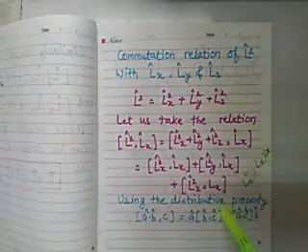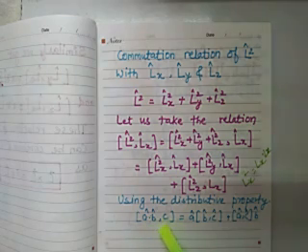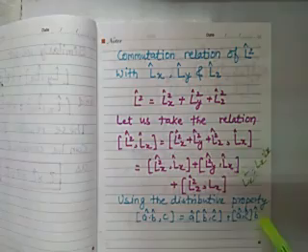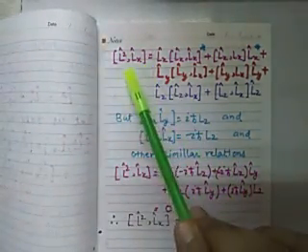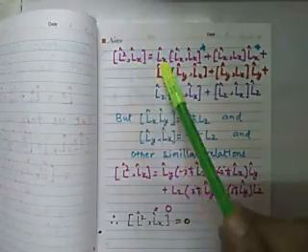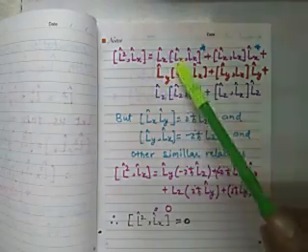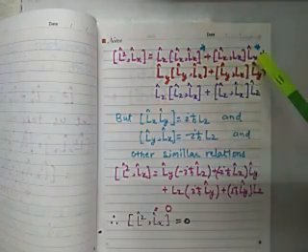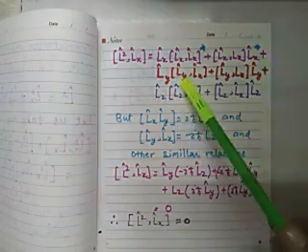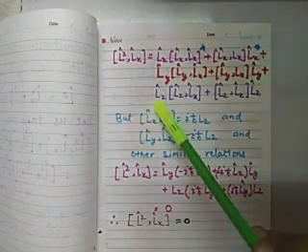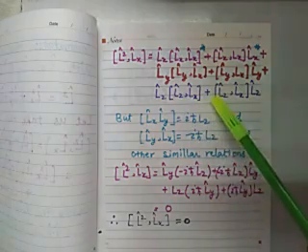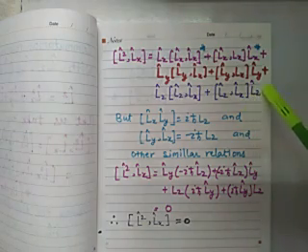Now, using the distributive property, that is the commutator [AB, C] is equal to A [B, C] plus [A, C] multiplied with B. Now, using this relation, we get [L square, Lx] equal to Lx into [Lx, Lx] plus [Lx, Lx] multiplied by Lx, Ly multiplied by [Ly, Lx] plus [Ly, Lx] multiplied by Ly, plus Lz multiplied by [Lz, Lx] plus [Lz, Lx] multiplied by Lz.